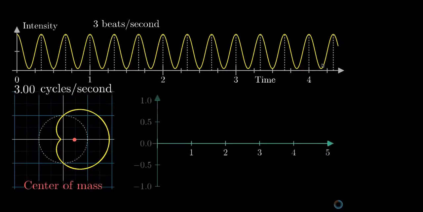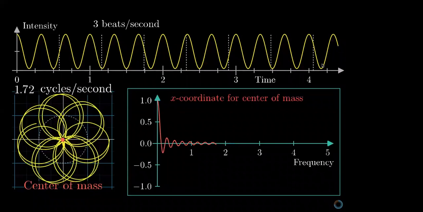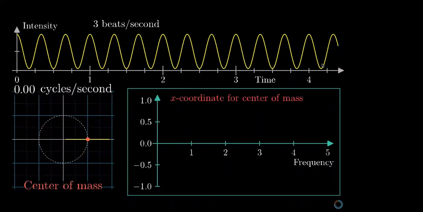Here, to capture this, let's draw some kind of plot that keeps track of where that center of mass is for each winding frequency. Of course, the center of mass is a two-dimensional thing. It requires 2 coordinates to fully keep track of, but for the moment, let's only keep track of the x-coordinate. So for a frequency of 0, when everything is bunched up on the right, this x-coordinate is relatively high.